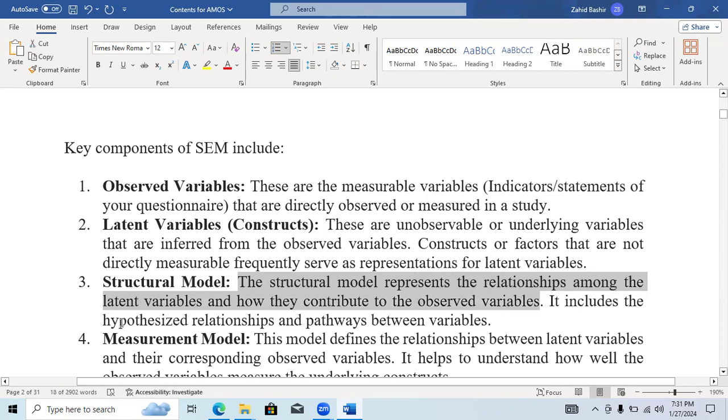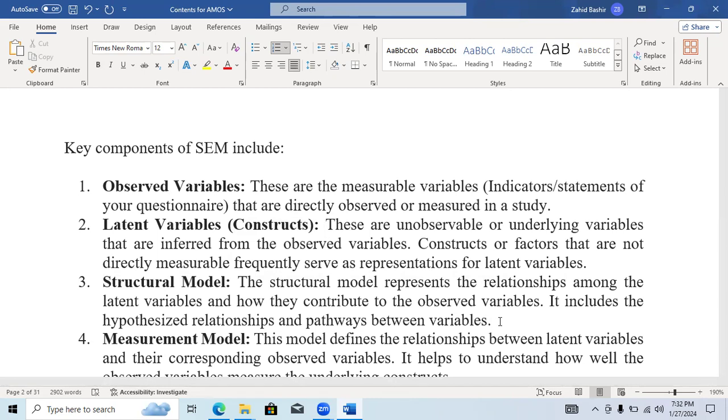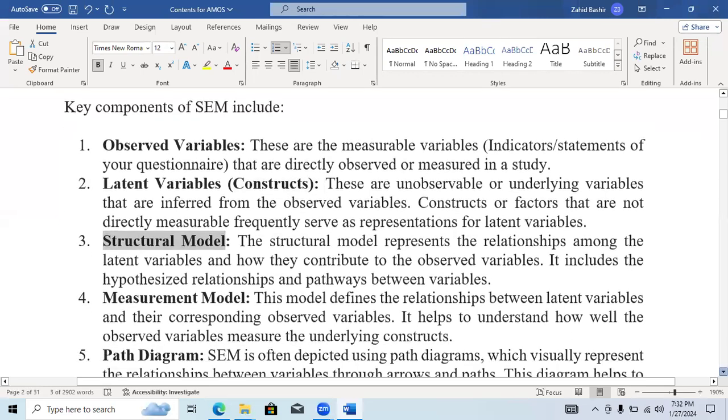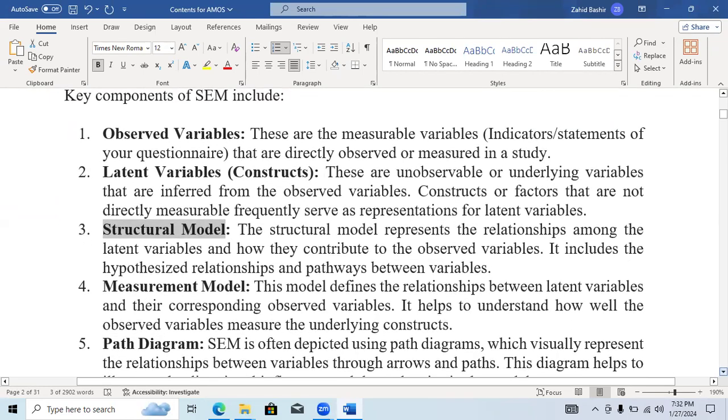It includes the hypothesized relationships and pathways between variables. I have previously told you that when you create some path between your constructs or latent variables, it becomes a structural model. So this is how your structural model is indicated.